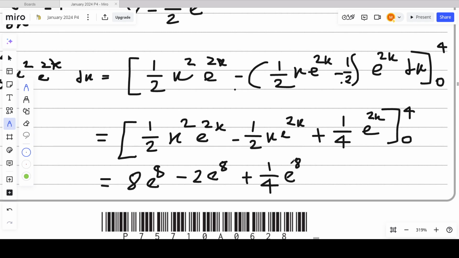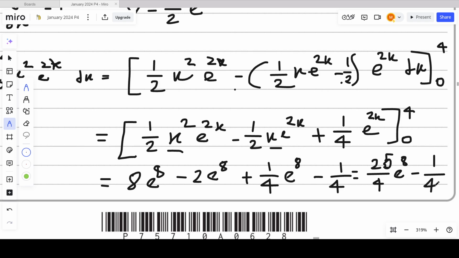For the lower limit, it would be minus 1 over 4, since e to the power 0 is 1. Now do the summation: 8 minus 2 is 6, and 6 plus 1 over 4 is 25 over 4. So the answer is 25 over 4 e to the power 8 minus 1 over 4.